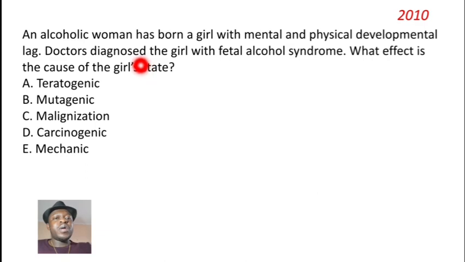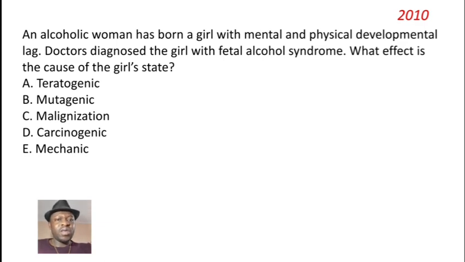An alcoholic woman gave birth to a girl with mental and physical developmental lag. The doctor diagnosed the girl with fetal alcohol syndrome. What effect is the cause for the girl's state? This is a teratogenic effect.